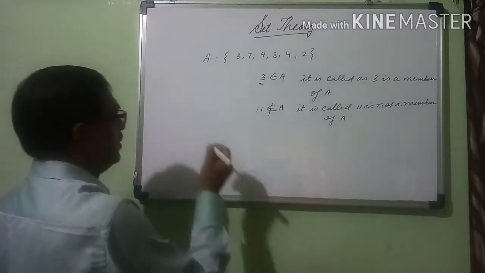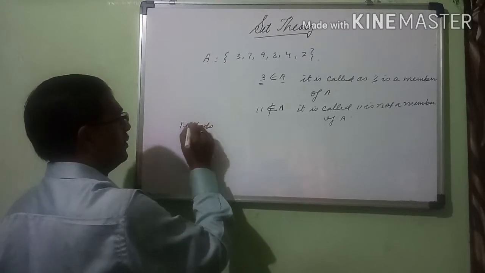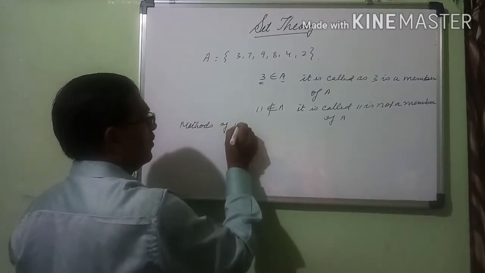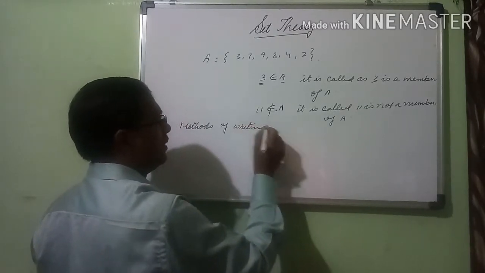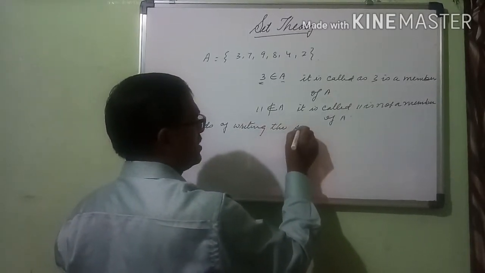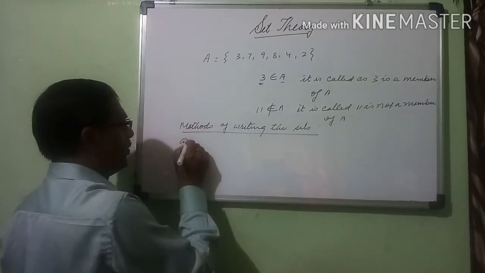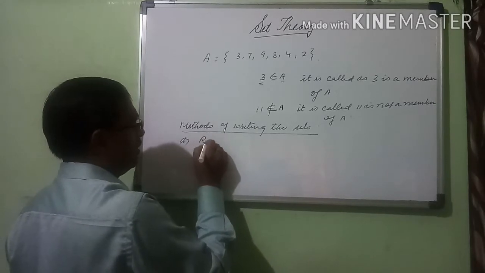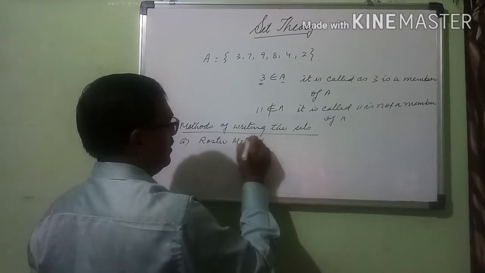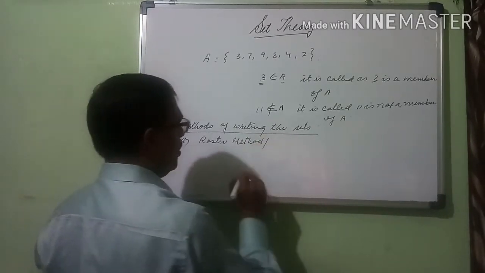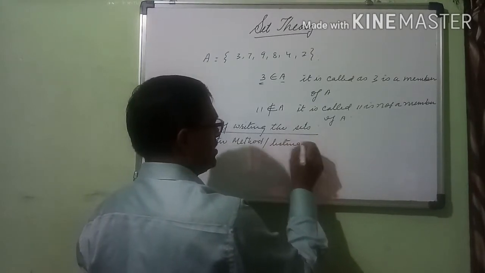So, methods of writing the sets. First is roster method, or it is called listing method also.